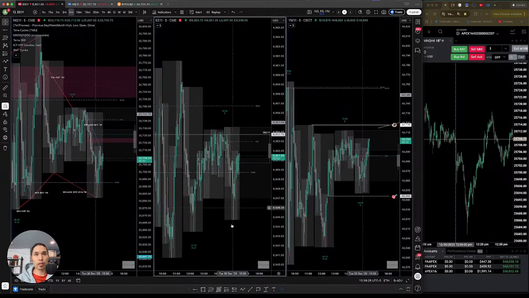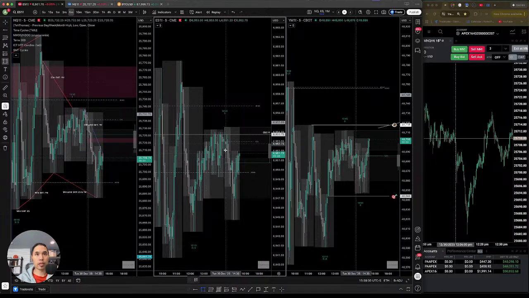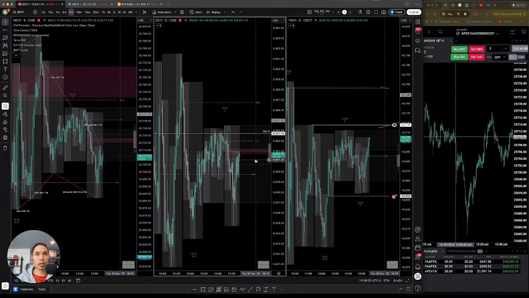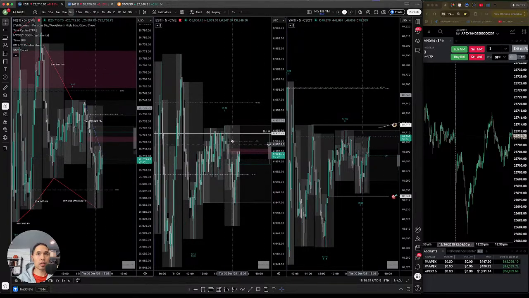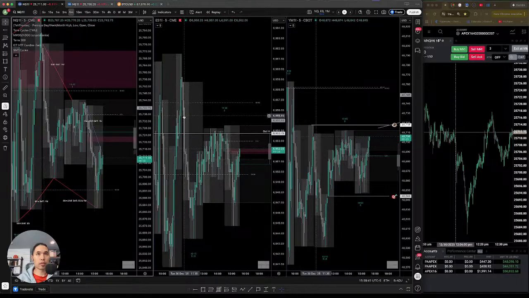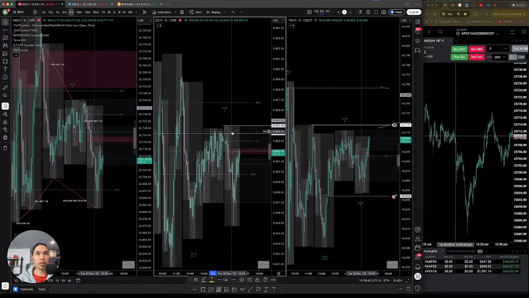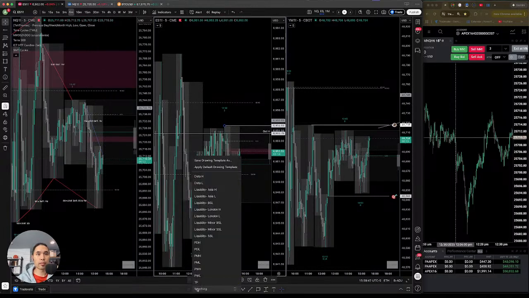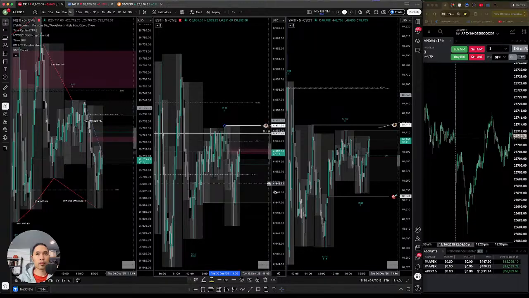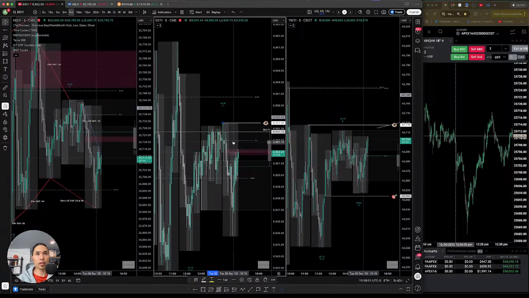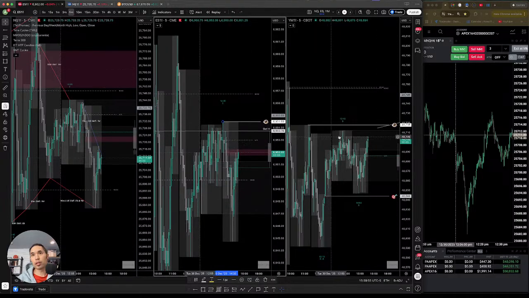But okay, so if we displace through here on ES, then we'll head maybe towards this external to fill in some of this gap right here, potentially. Just watching that on ES. Otherwise, we might just reject, come back down, but looks like we're going to head up a little bit higher.